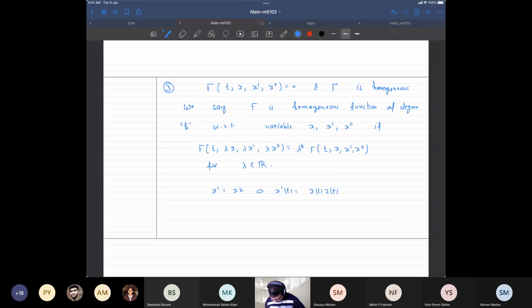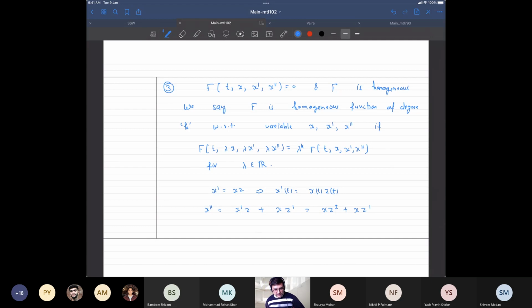Then what you get is that x double prime is equal to x prime z plus x z prime. But here you have x prime, and x prime is equal to xz, so this will be equal to xz squared plus xz prime.